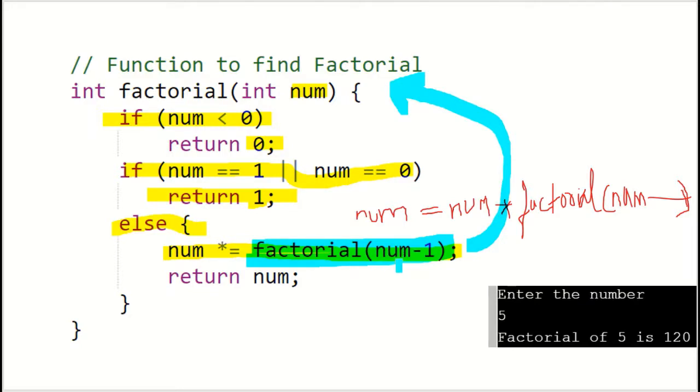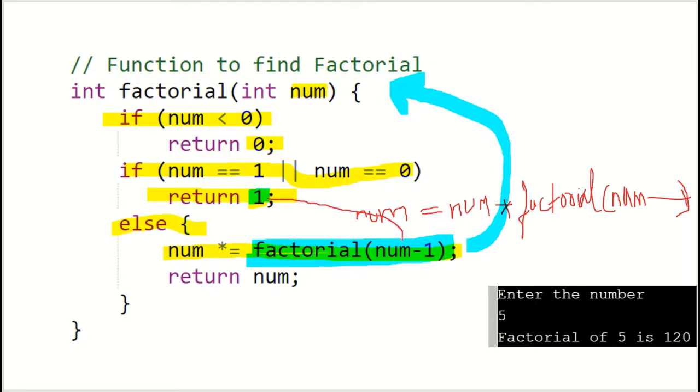When the value is num minus 1, the result is actually 1. When the value num minus 1 is equal to 1, the return value is 1. Actually, this 1 is returned back to this called function.